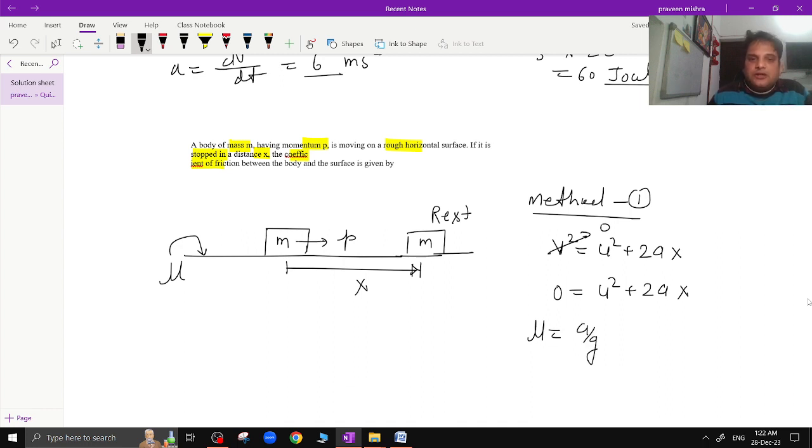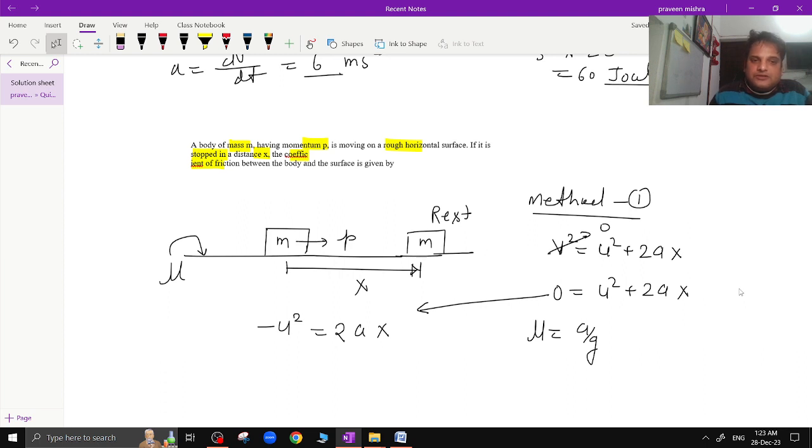Mu equals to a by g. So try to put the value of a and g here. From this equation we can write that minus u square is equals to 2 a into x, and this is u.